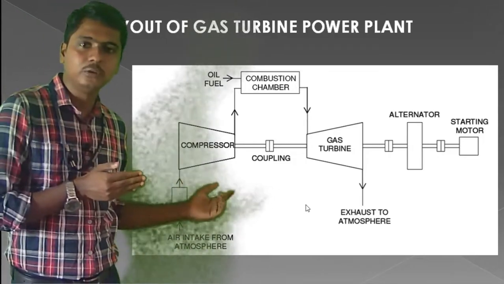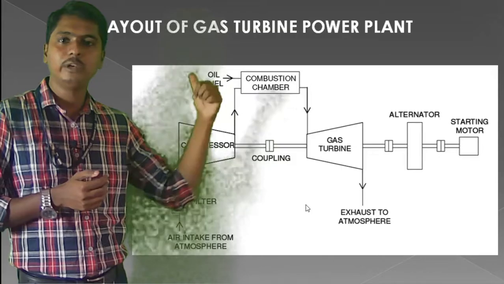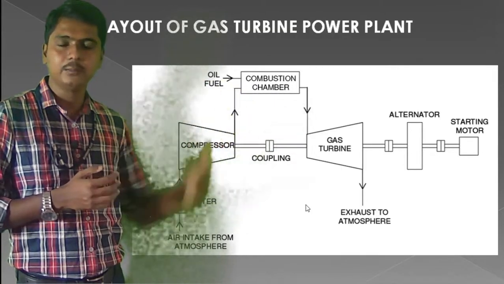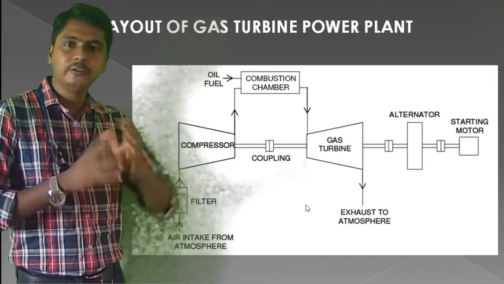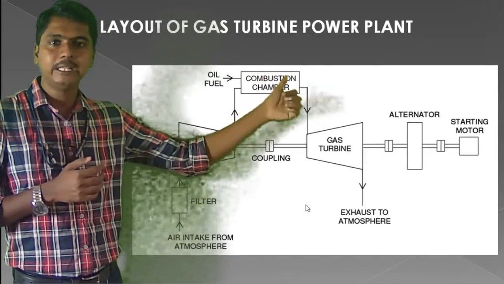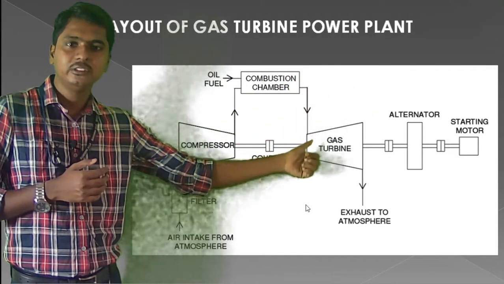Now this enters the combustion chamber, where we also supply fuel. Inside the combustion chamber, burning of the air-fuel mixture takes place. Then the high temperature and high pressure gas is supplied to the gas turbine.